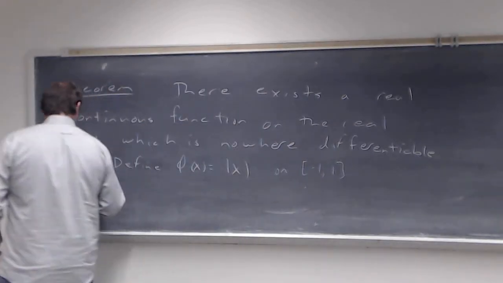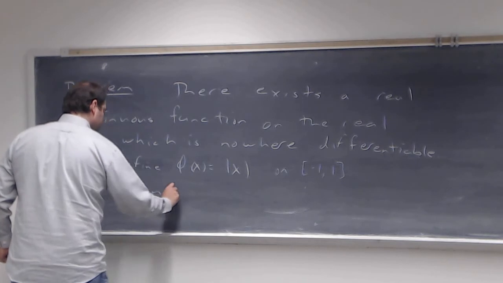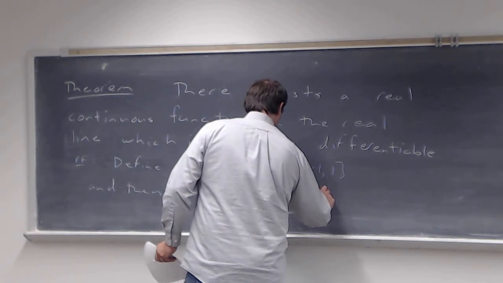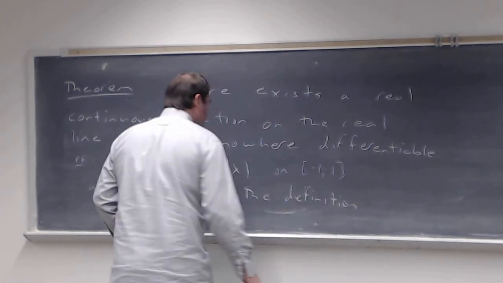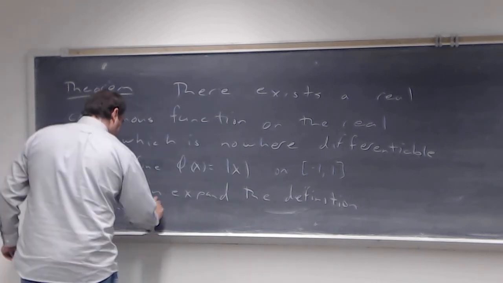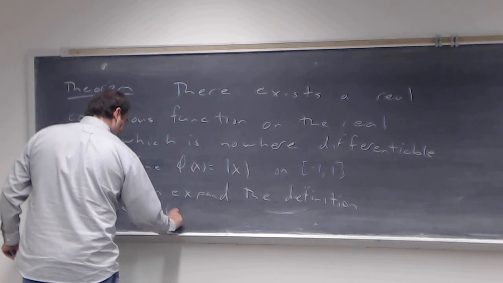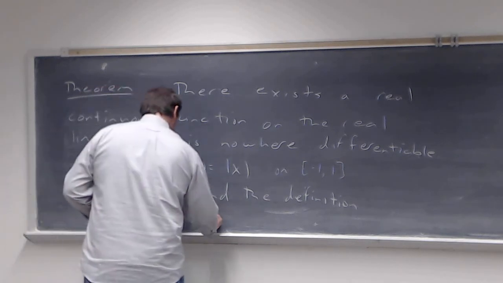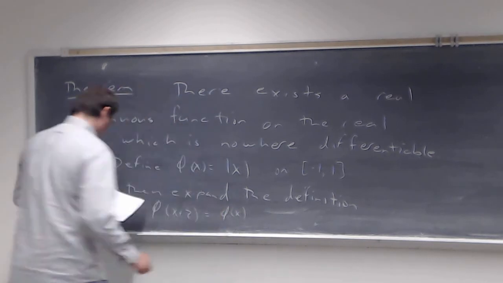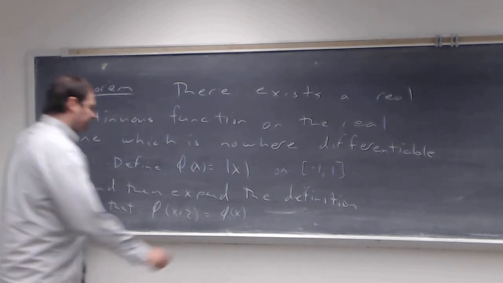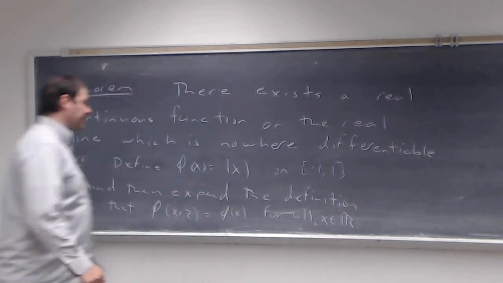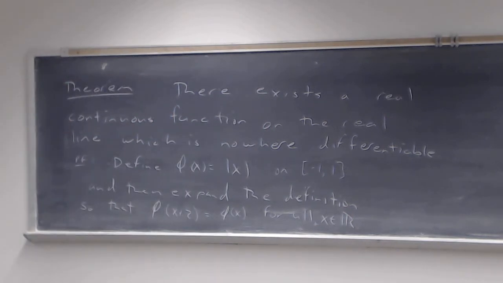And then expand the definition so that phi of x plus 2 equals phi of x, and this is for all x element of R. So we now define this function on the whole real line.